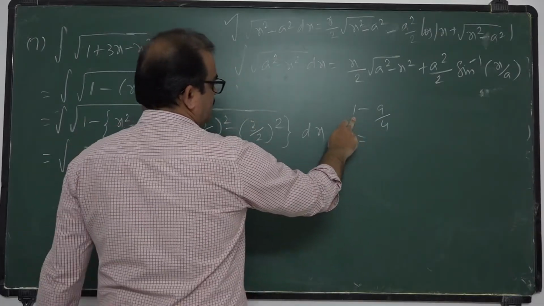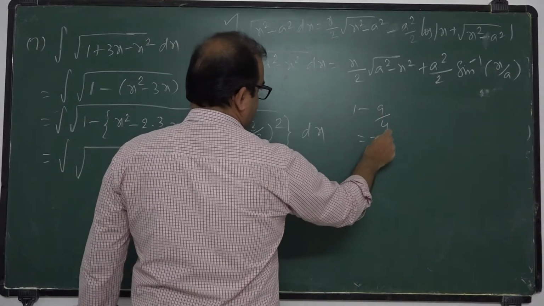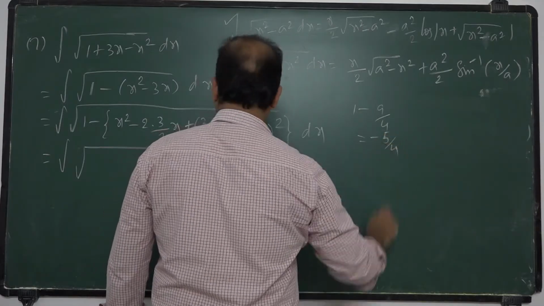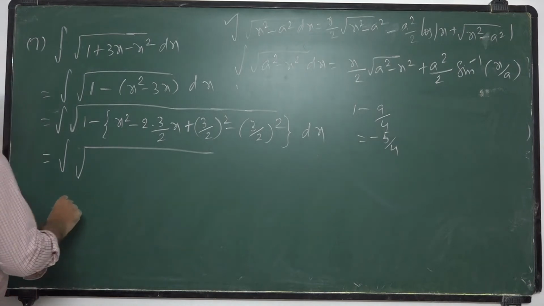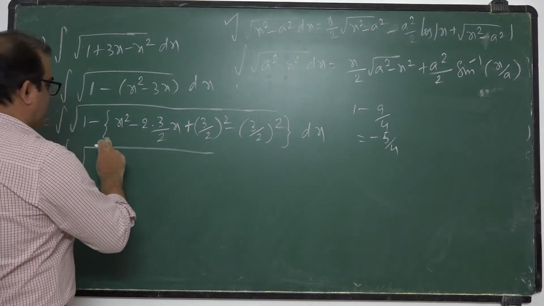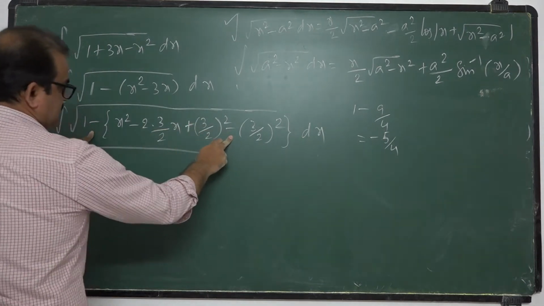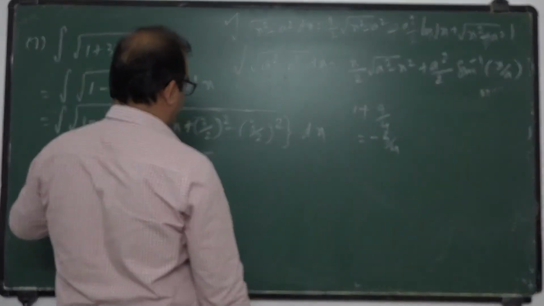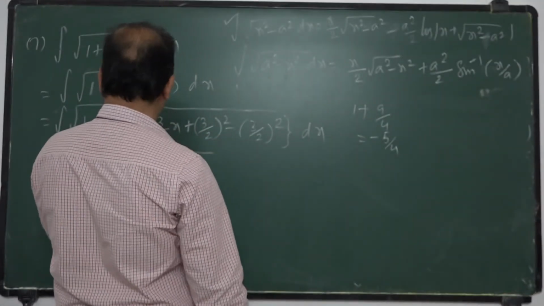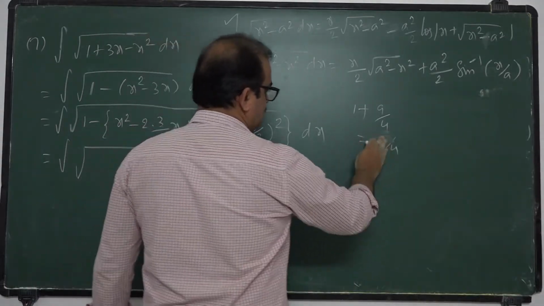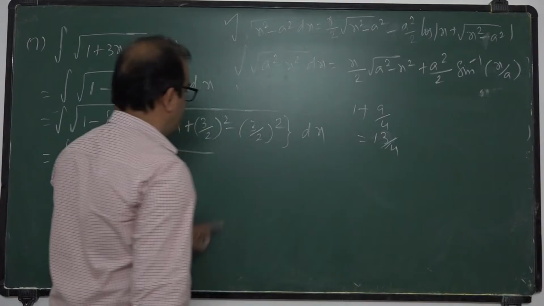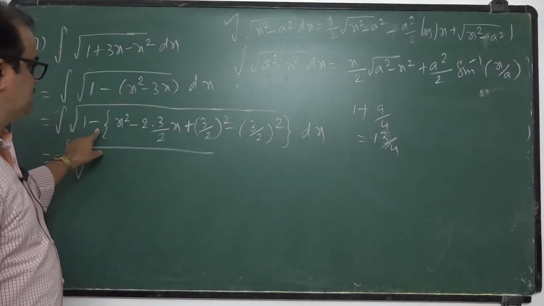What we get? 4 minus 9, minus 5 by 4. But here it is minus into minus plus, so it becomes 1 plus 9 by 4, that is equal to 13 by 4. Minus into minus is plus.